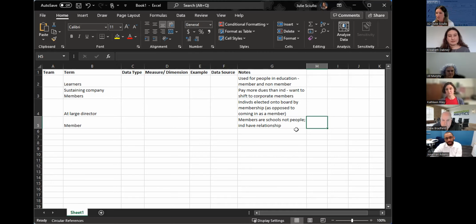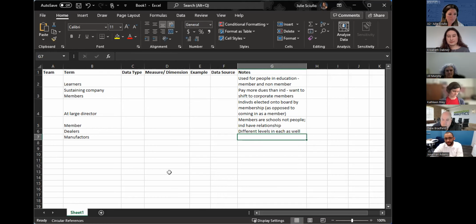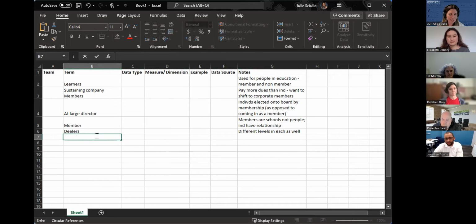What's another layer of membership that is used within your association? So for us, we have both different categories of members, like dealers and manufacturers and consultants. And then we also have different levels of membership. Within those categories, you can be an e-member, a core member, or a premier member and get different benefits. So let's just focus on the dealers. What are the different dealers that you have?